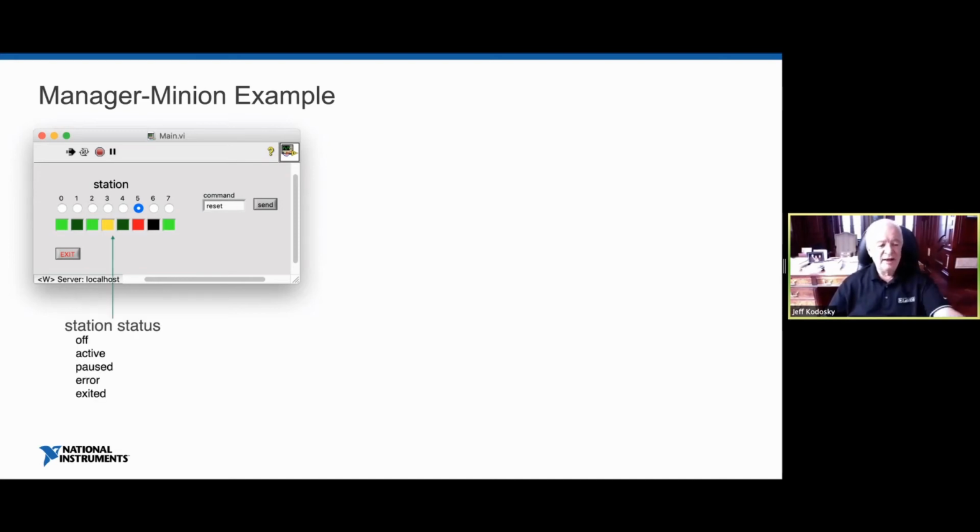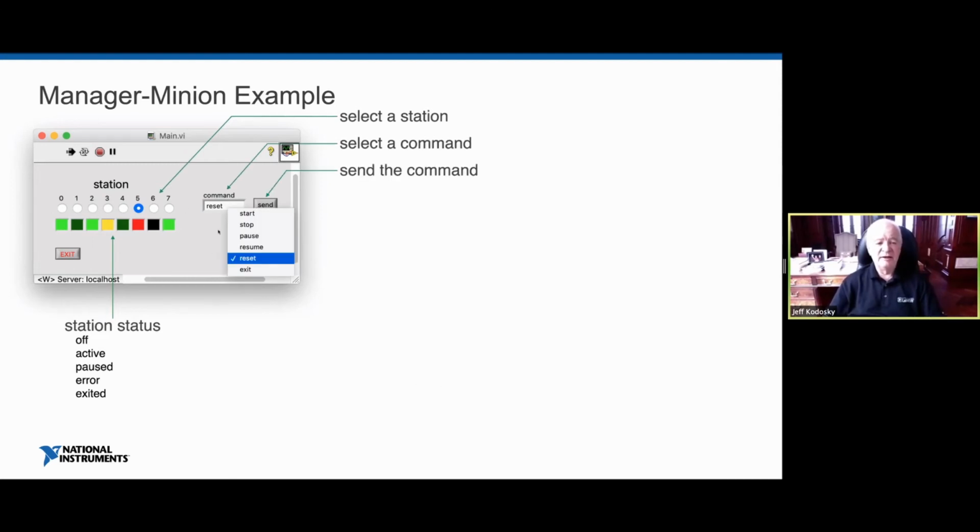So the LEDs here are showing the status of each station, whether it's off or active, paused, error, or it's finished, it's exited. The operator can select a channel with one of the buttons up here, then select a command with this pull down, and then hit this button to send the command. So what does this look like?